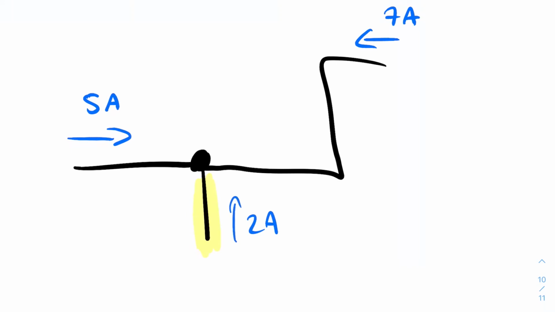Because then you'd be having 14 amps of current going into this node with nowhere for it to go, which isn't possible. So that means that guaranteed, this point here, you're going to be having how much? 12 amps of current exiting. So if we have 5 amps coming in here and 7 amps coming in here, then we're going to have 12 amps coming out of there.